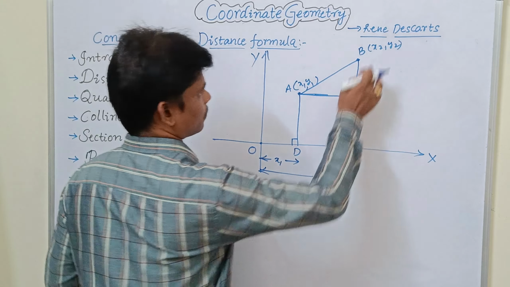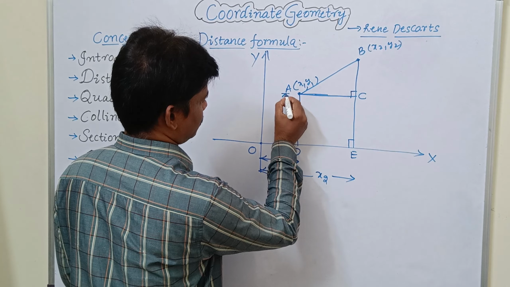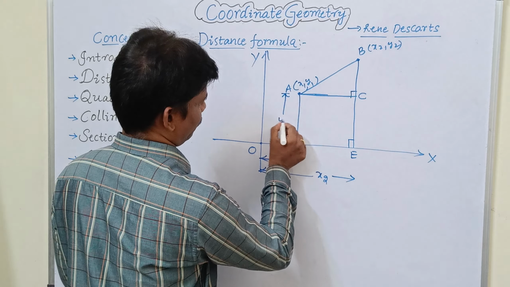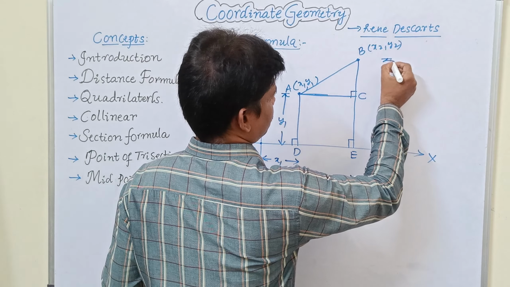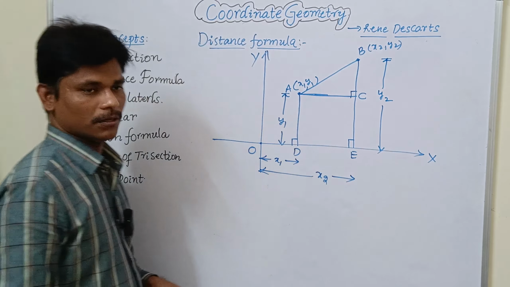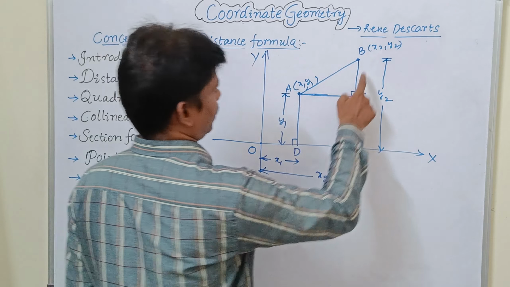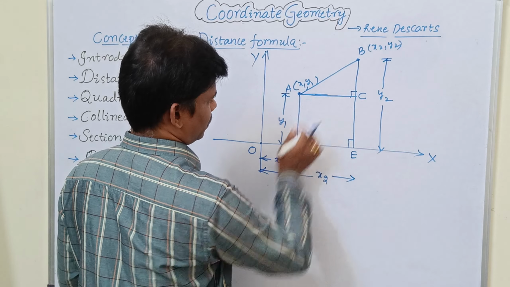This is the distance from the y-axis. From the x-axis, what is this distance? You have to take y1. This distance is y2. So this is a right angle triangle ABC. What is the distance of AC?